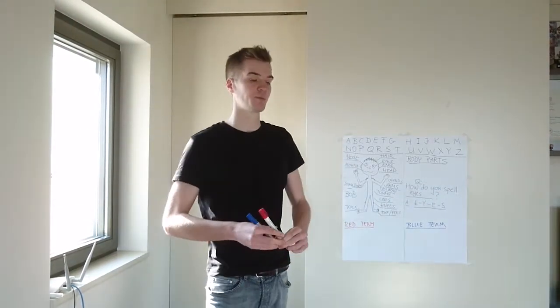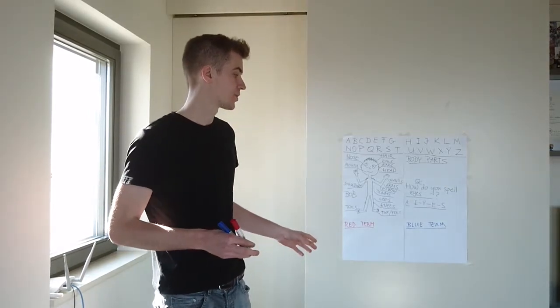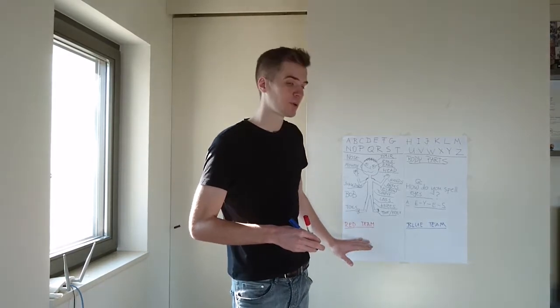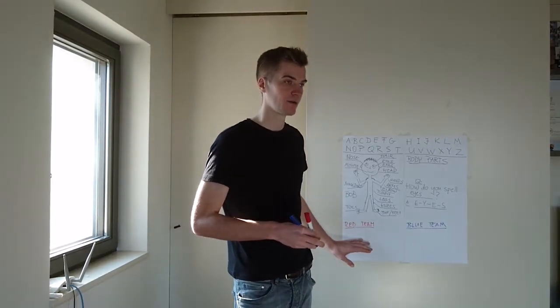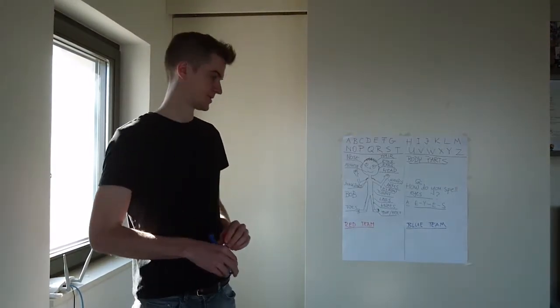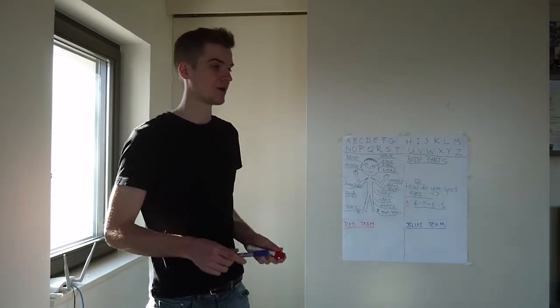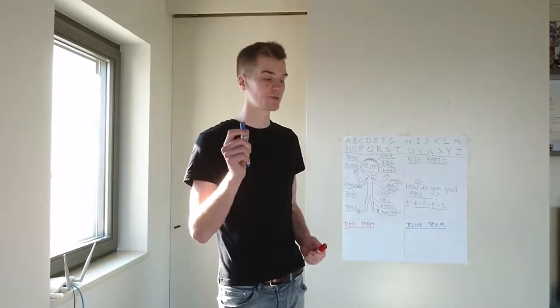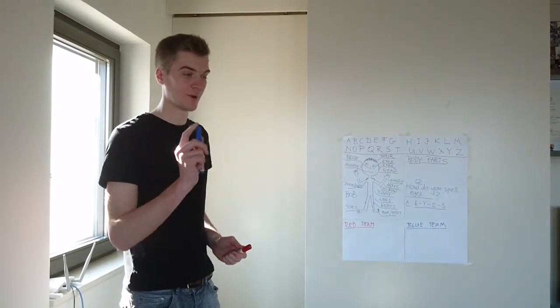The task will be to write down correctly as many body parts as you can in the next 5 minutes. Only one person can come to the board at one time.